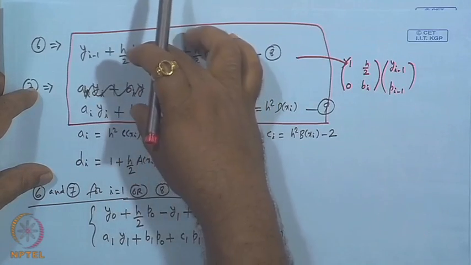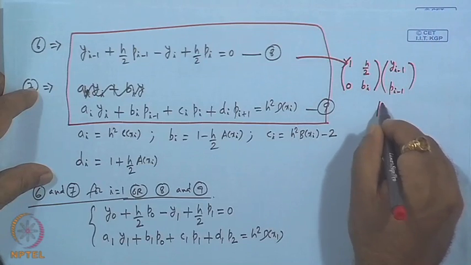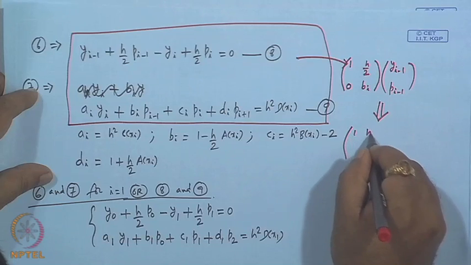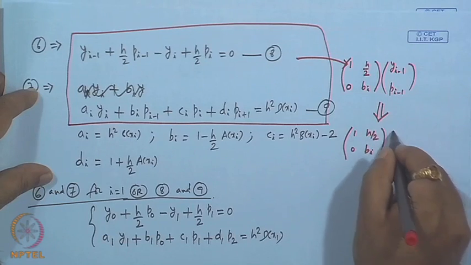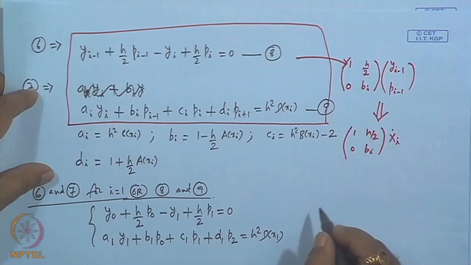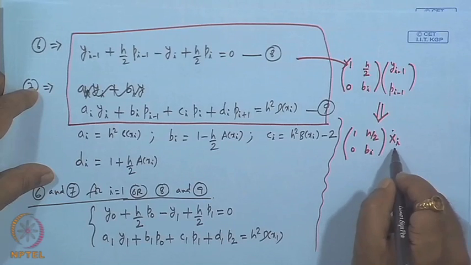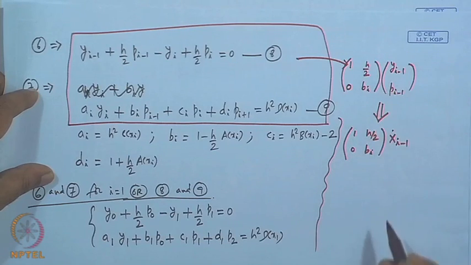So, that means these two equations can be put in a matrix form. So, this further can be 1, h by 2, 0, B I, and as per our notation this can be x I, where x I is, sorry, y I minus 1, p I minus 1.